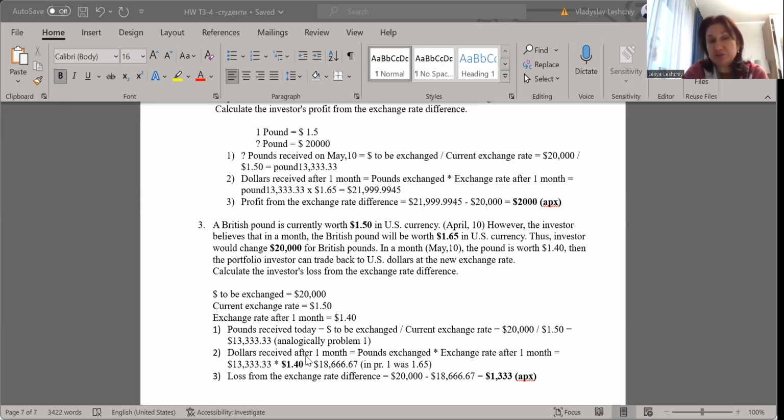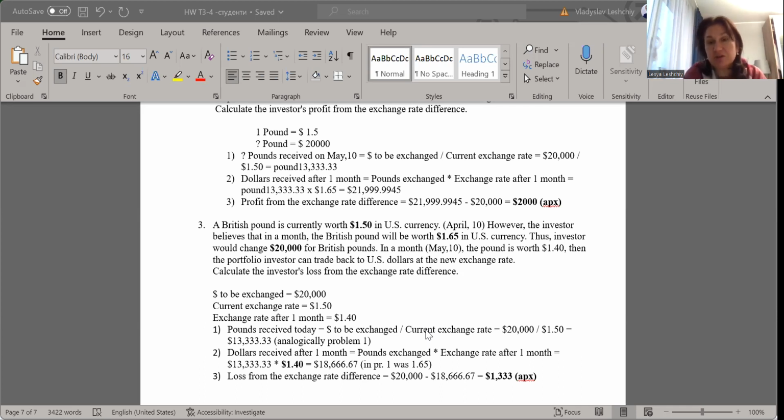But because the exchange rate of the pound is less, it's only 1.40, we found that the investor received less than in the first situation, and it was even a smaller amount than it was at the beginning of the period, before he made the exchange transactions.